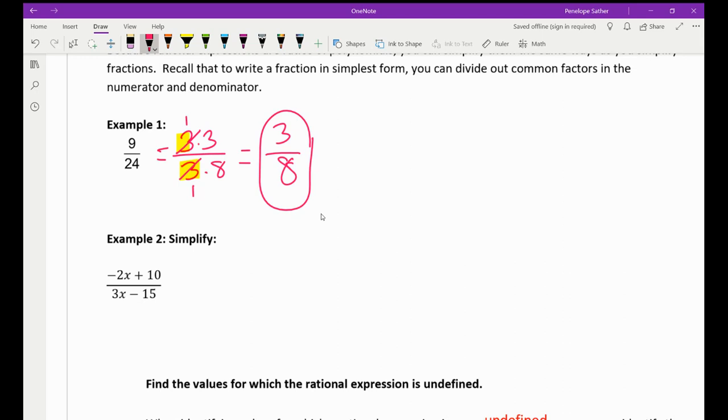So example 2, we have negative 2x plus 10 over 3x minus 15. One of the things about simplifying fractions is that whenever you're finished with your dividing out, you probably want your x term to be positive. When you look at negative 2x plus 10, I really want to have a positive x when I'm finished.